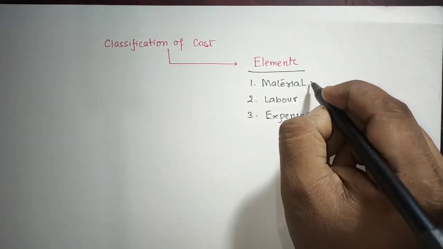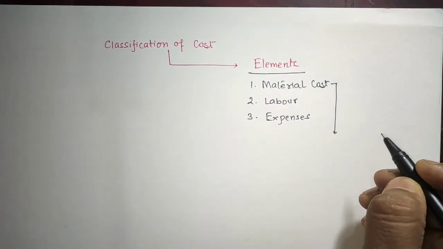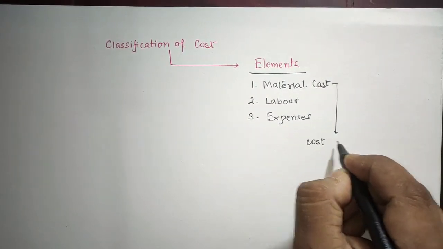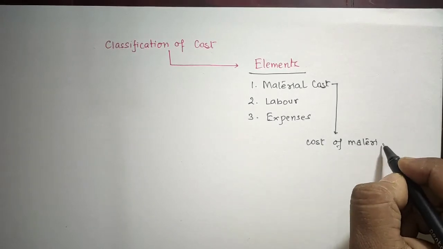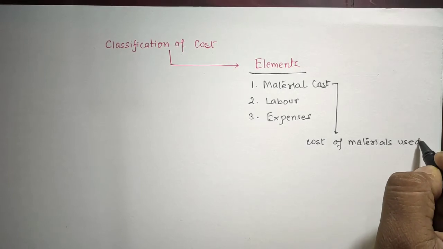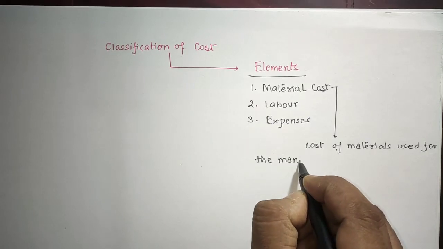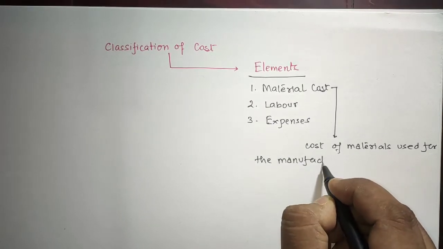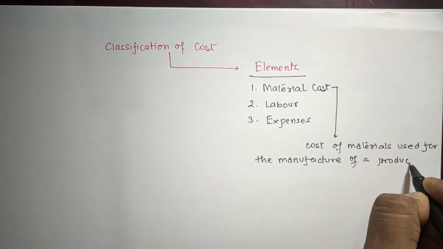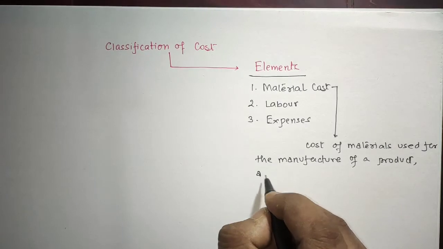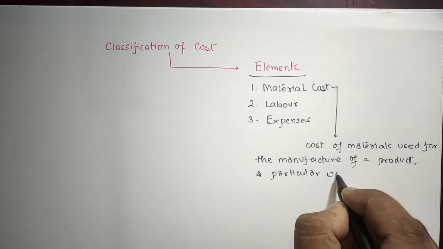Now what is material cost? Material costs are the cost of material used for the manufacture of a product or a particular work order.